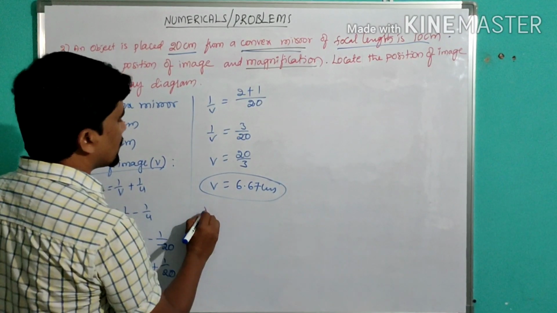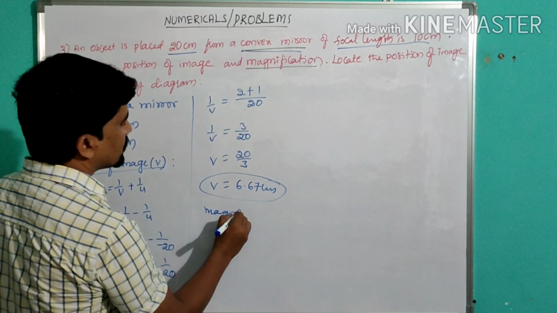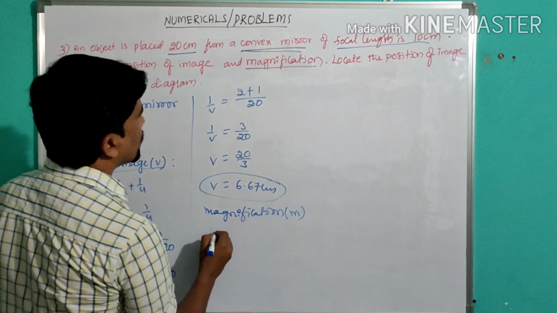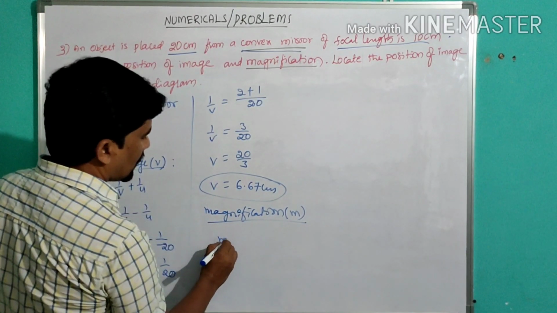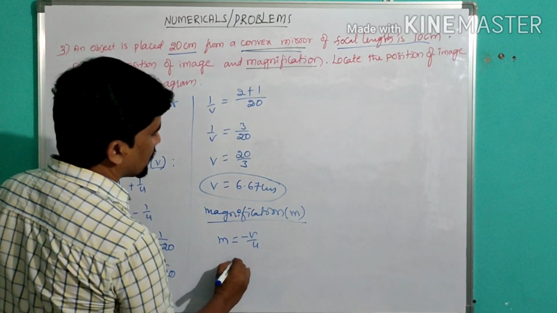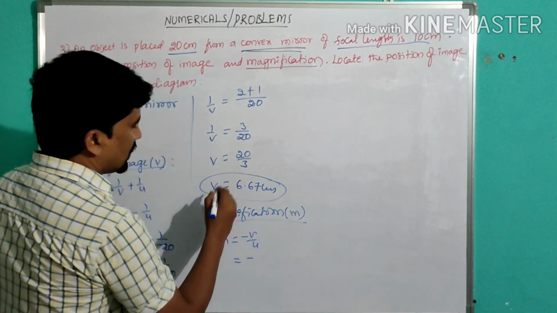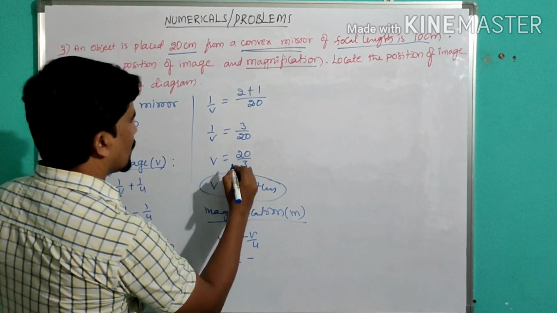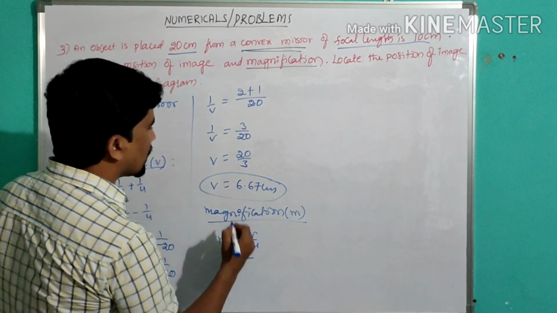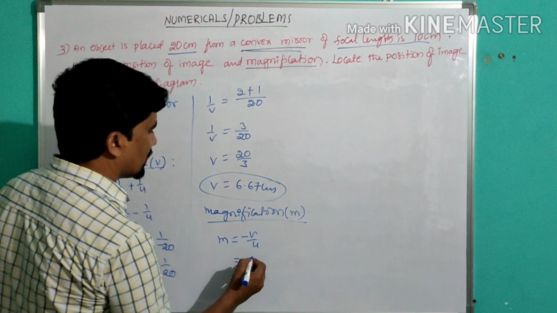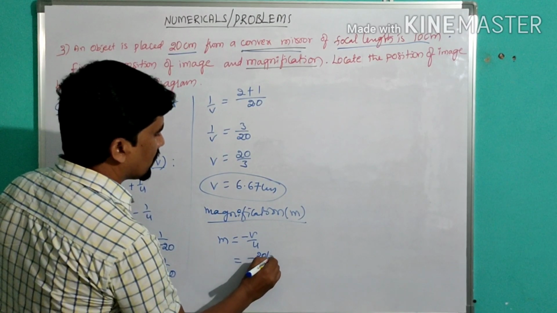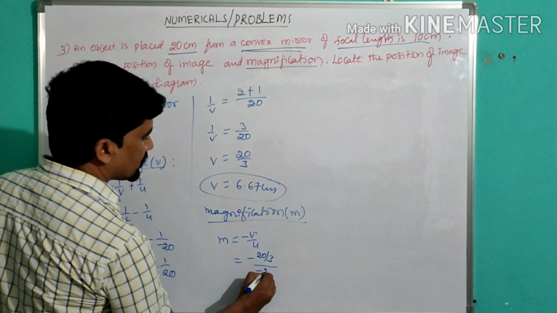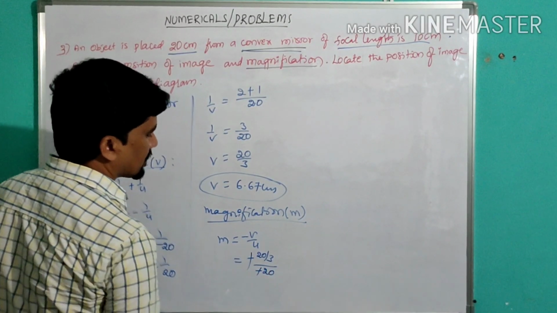Next, magnification. M equals minus v by u. V value is 20 by 3 or 6.67, whatever you want, take it. I am taking 20 by 3. U value is minus 20, minus minus gets cancelled.